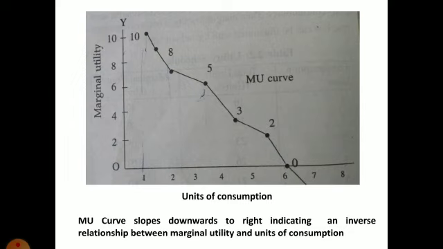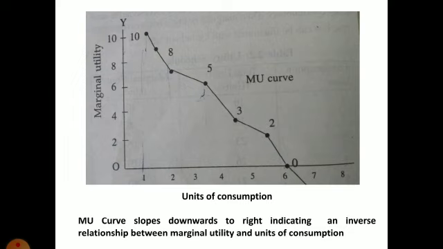So here you see the downward sloping curve is the MU curve. The point at which the MU curve intersects the x-axis, that is at 0, is the point of full satisfaction. The downward slope of this marginal utility curve indicates negative values.